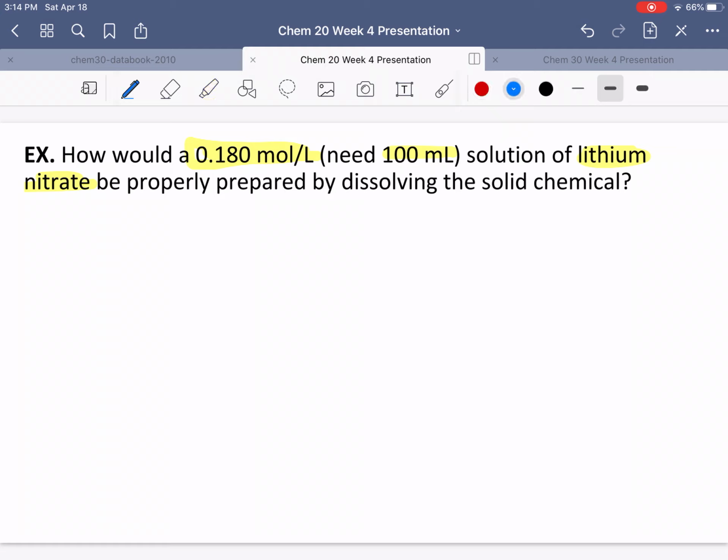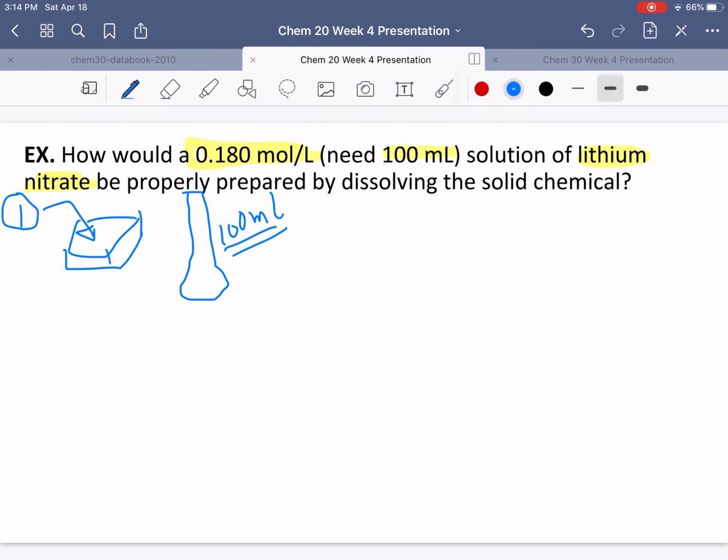Your very, very first step then is, of course, you have to do that calculation. How could you possibly make a solution if you don't know what mass you're actually going to put onto that electronic balance? We have to know what's going to go in here to make the solution. You're also going to need that lovely 100 milliliter volumetric flask so that we have the right thing to put the solution into to accurately make the amount we want.